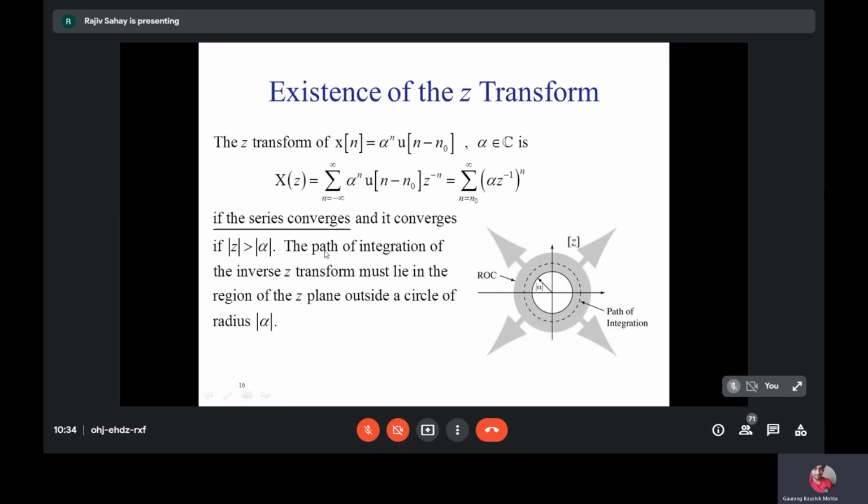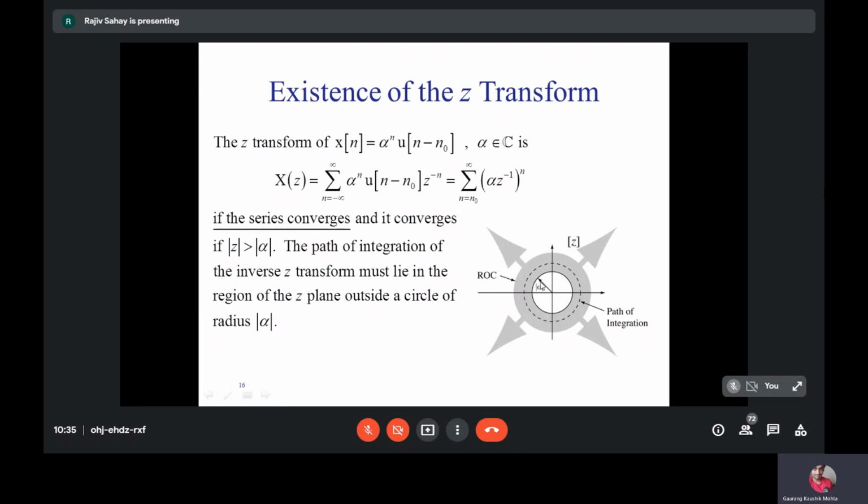So the series will only converge when mod of z, or the magnitude of the complex numbers on the z plane for which this series is getting evaluated, will satisfy this inequality, that is, mod z will be greater than mod alpha. So the ROC will be something like beyond a certain radius.